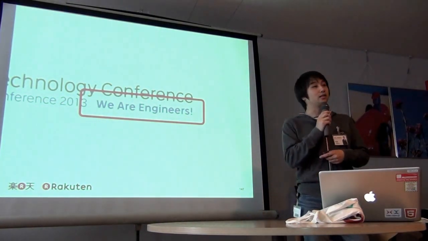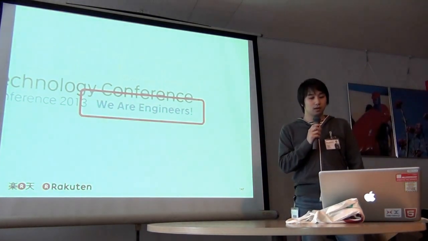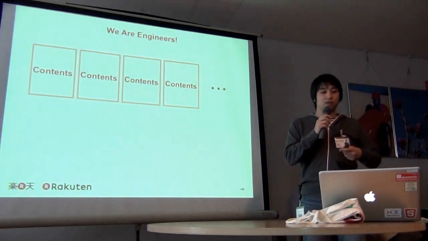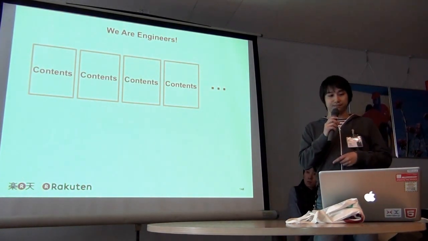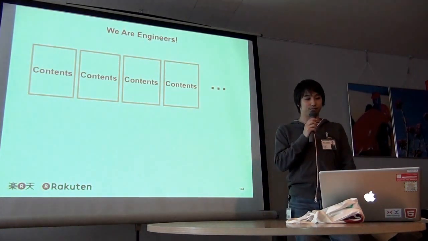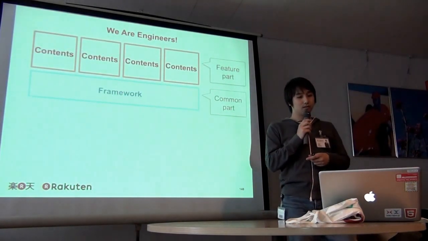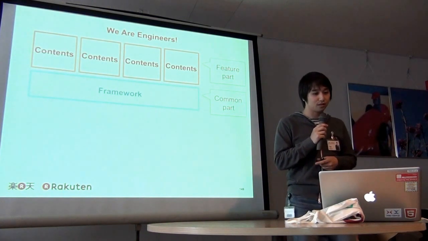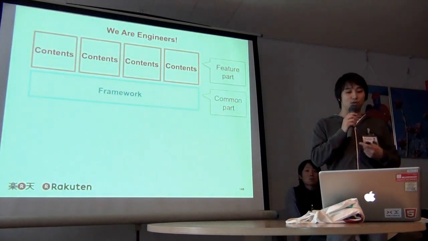So we just started a new activity with an engineering approach. We have created many contents independently, but it was not productive. So we will develop a kind of framework like Twitter Bootstrap to focus on the feature part and not write the same code every time.